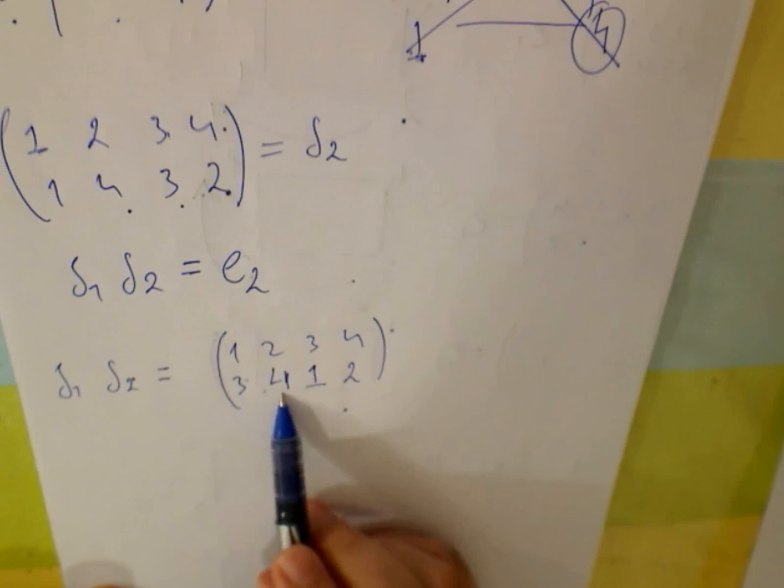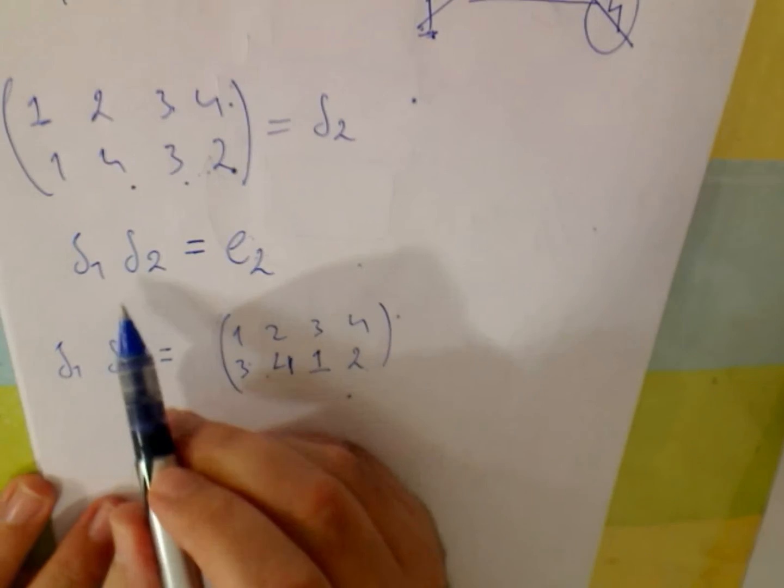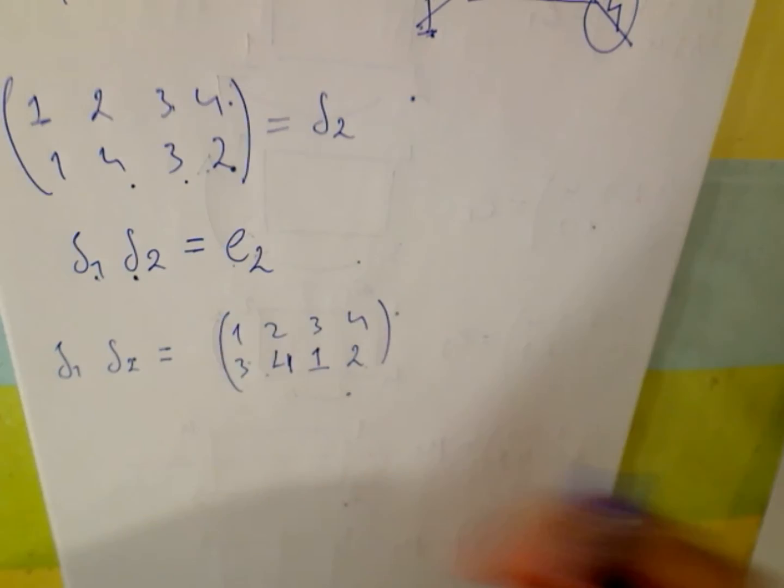So we have 3, 4, 1, 2. That's R2. So the composition of delta 1 times delta 2 gives R2.